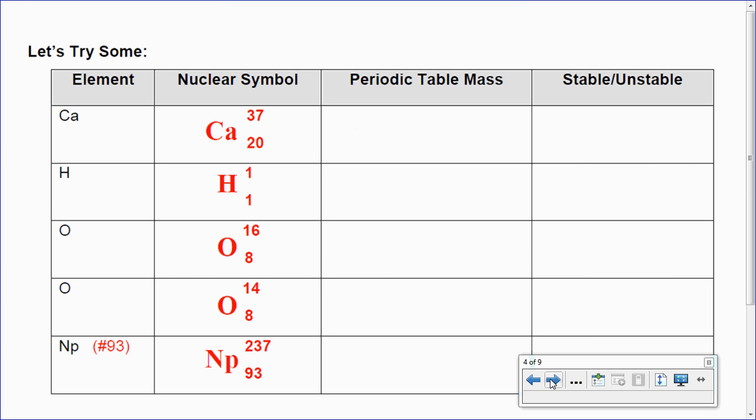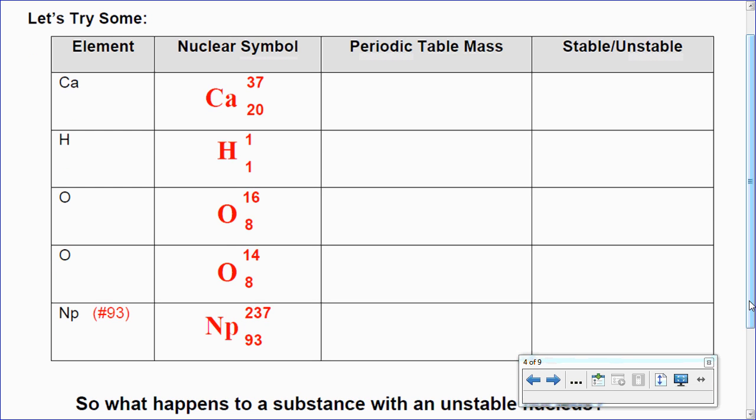Here are some examples where we're going to be looking at the periodic table's mass and comparing the nuclear symbol given to the periodic table mass to determine if it's stable or unstable. So I've got my periodic table with me, and the first element we're going to look for is calcium. I'm going to write periodic table mass in there.